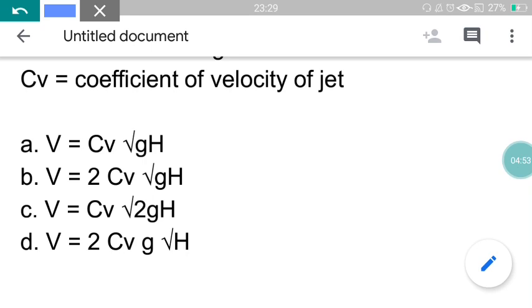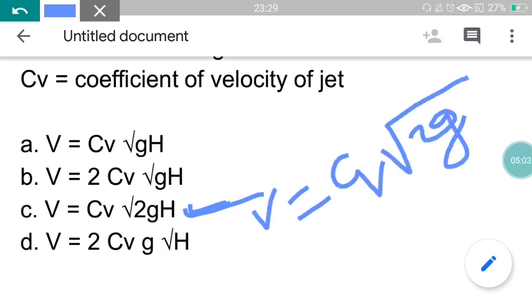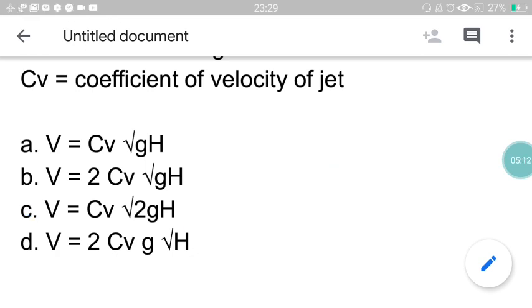I will tell you the answer directly. The correct formula for the velocity is Cv into root of 2gH. So velocity equals Cv root 2gH. The correct answer will be option C. In this, Cv is the coefficient of velocity and H is the head.